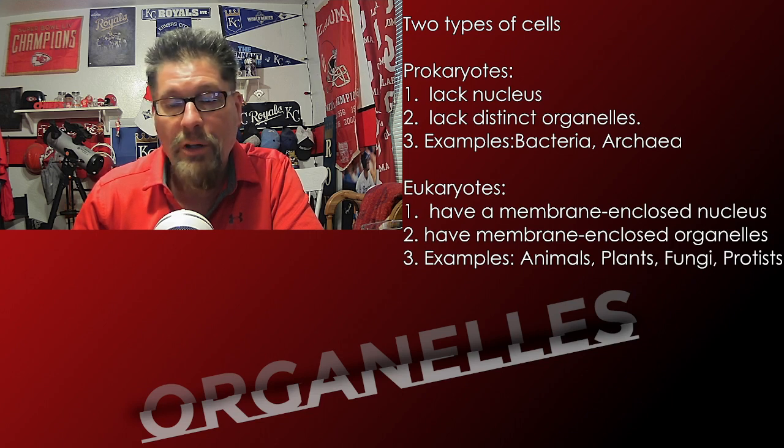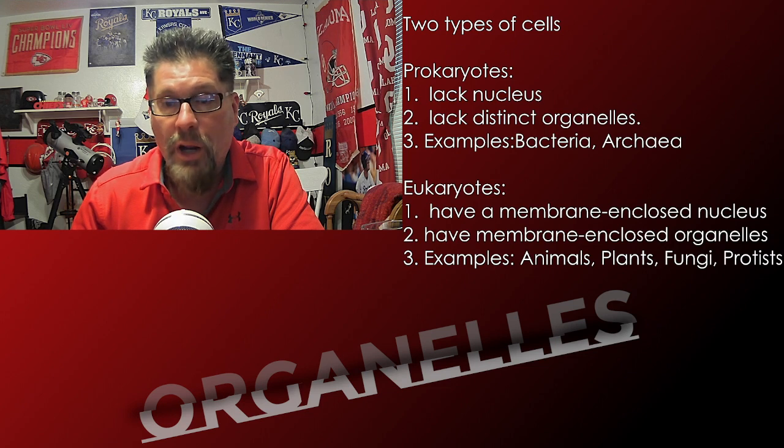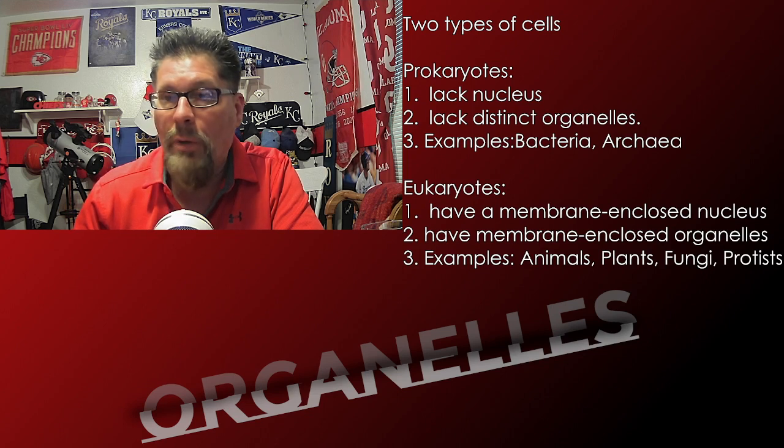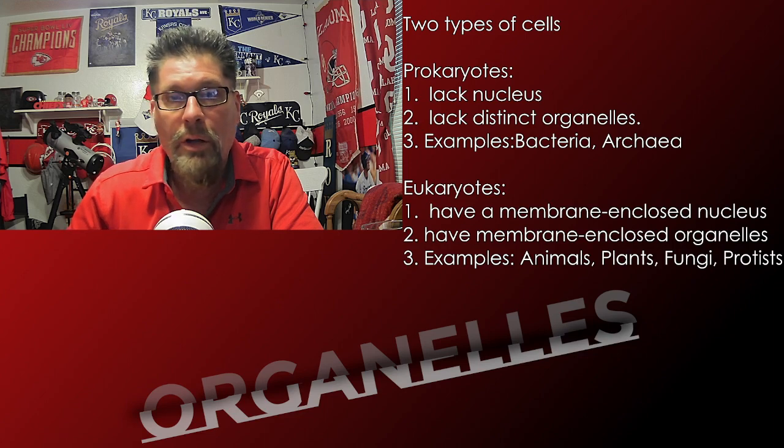If you're a bacteria cell, your only purpose is to infect a host and dump your DNA into their system and let their cells start manufacturing to create more bacteria cells. Eukaryotic cells do have a membrane-bound nucleus, a true nucleus. The organelles are membrane-bound, and of course animals, plants, fungi, and protists are the examples.